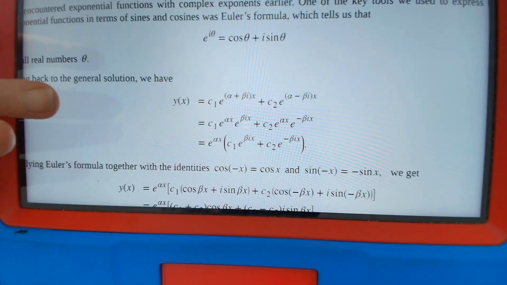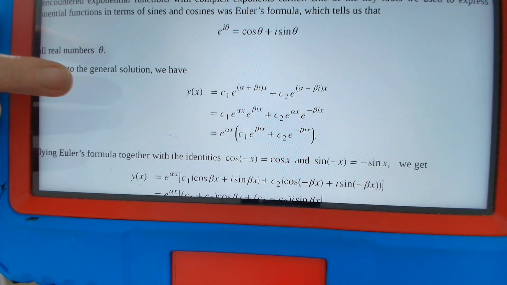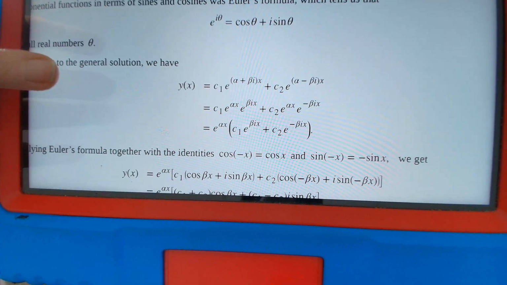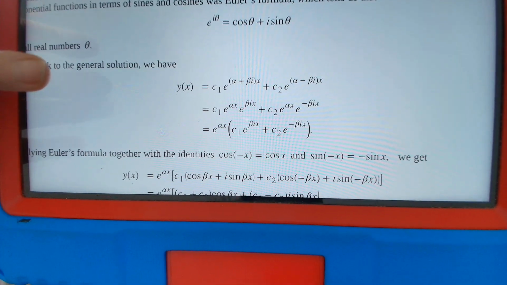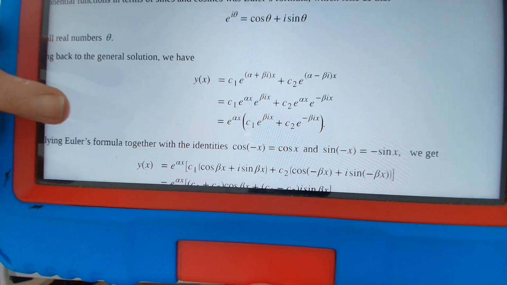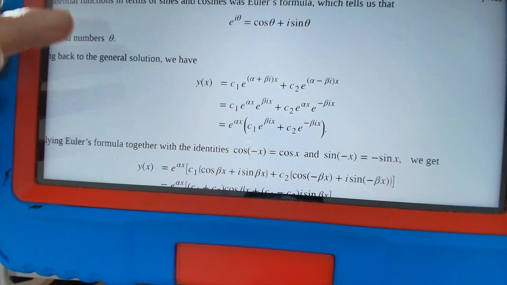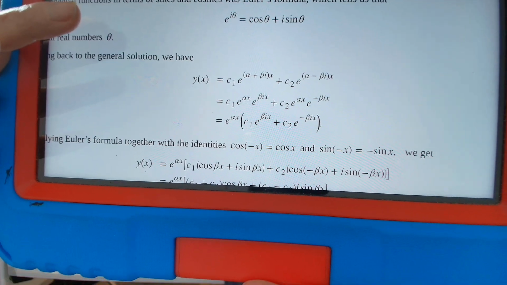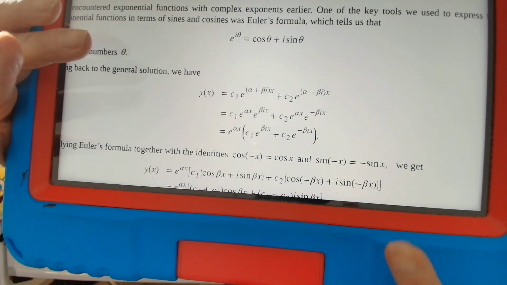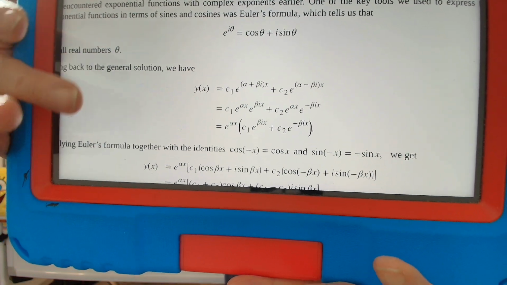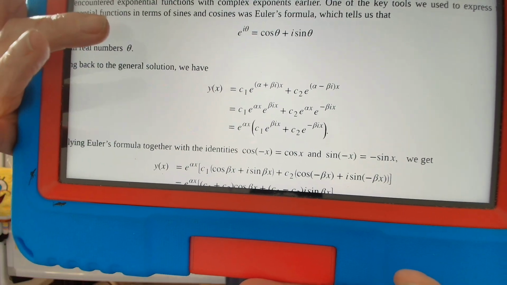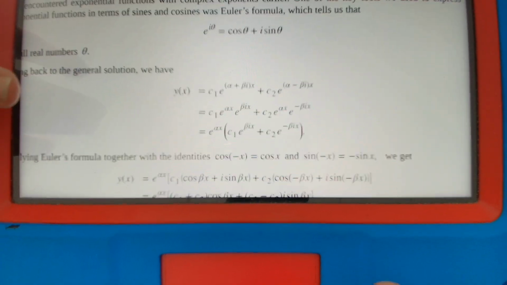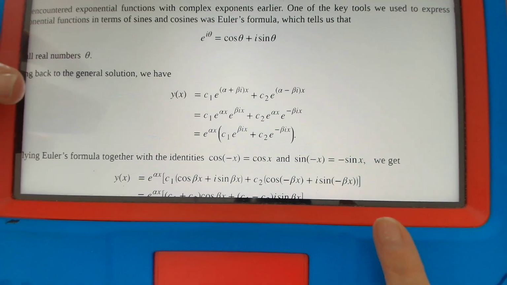Okay, first we are going to factor the e to the alpha x out, that's the real part. Let's factor it out, so we got here, and then we are going to plug in the e to the i theta formula into the complex part. So now beta x is the new theta, okay? So we plug it in, and we end up with this pile of stuff.